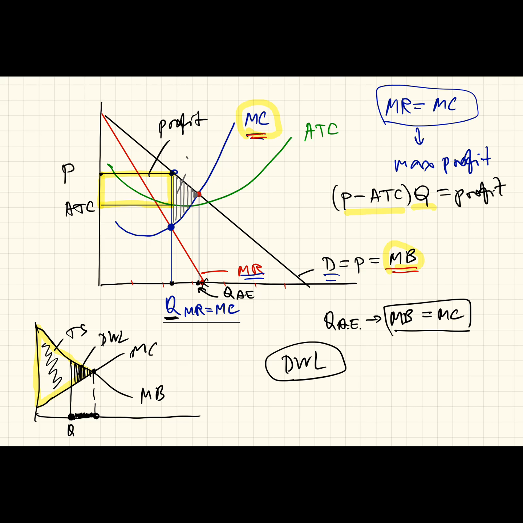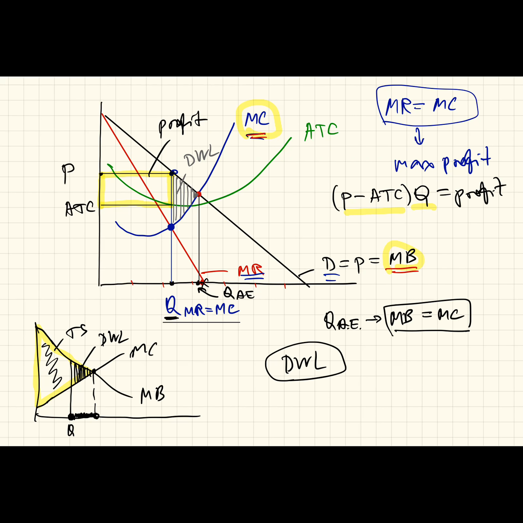So this is our deadweight loss, and the last thing we want to know is how to find its area. Well, simply put, it's this side times, or actually its height times its width divided by 2.